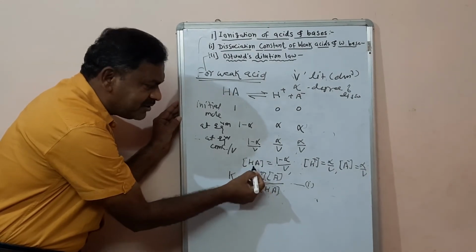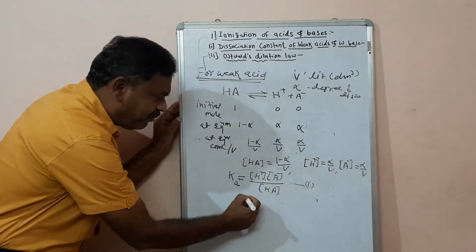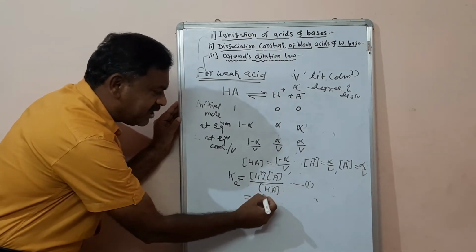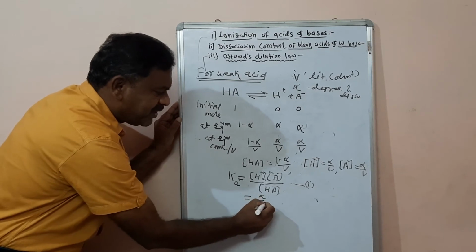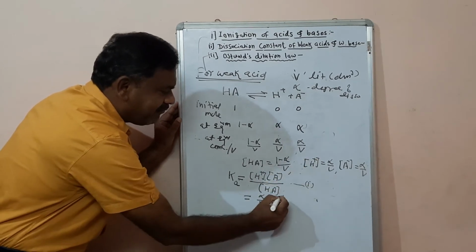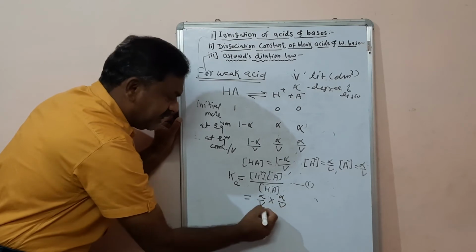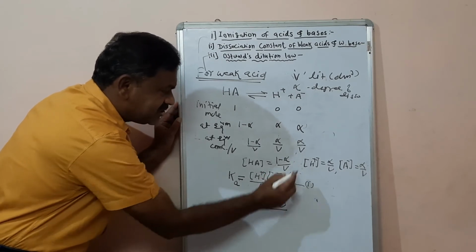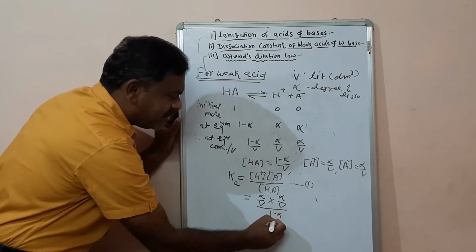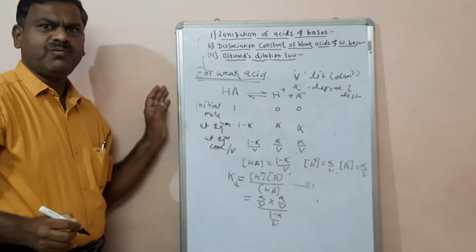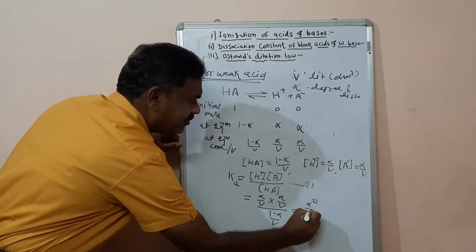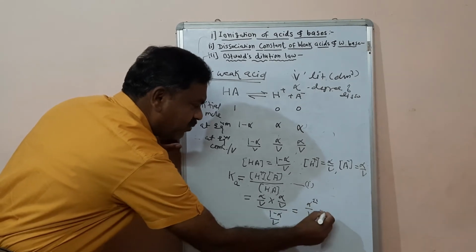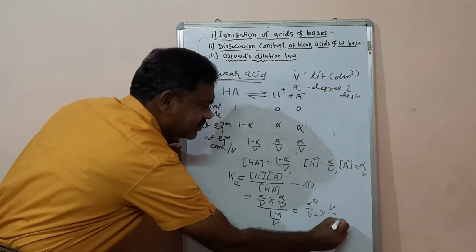The value of H plus is alpha upon V, into A minus, alpha upon V, divided by HA, 1 minus alpha upon V. Then Ka is equal to alpha square upon V square, into V upon 1 minus alpha.